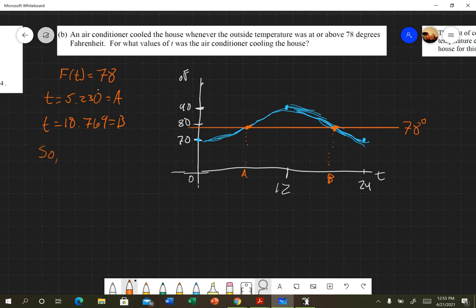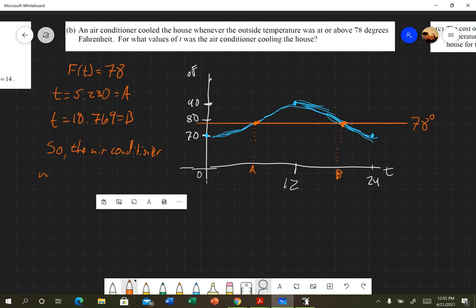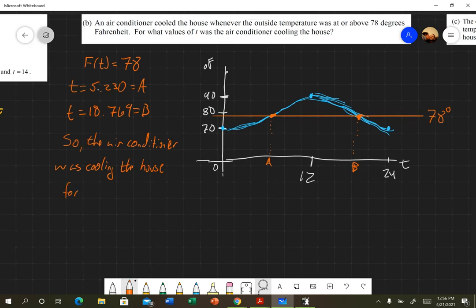So the air conditioner was cooling the house for t that exists at 5.230 and at 18.769 hours.